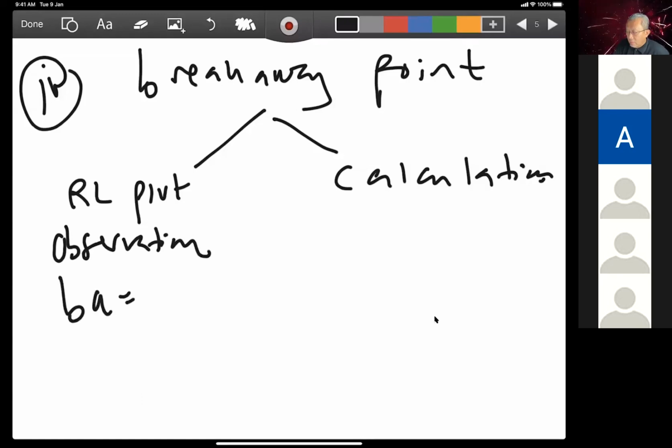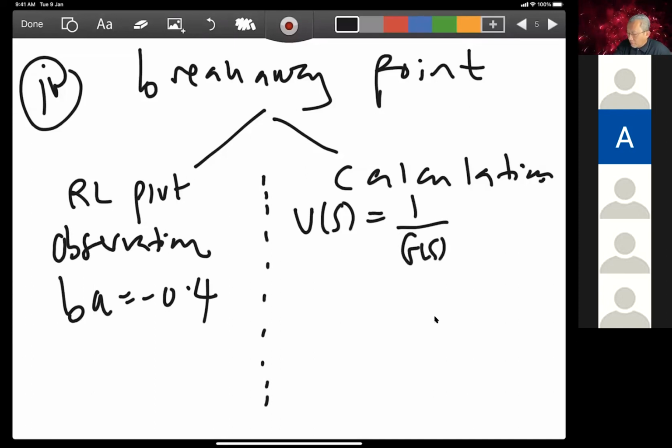Breakaway is minus 0.4. Okay. Calculations for validation. So how are we going to find the breakaway from the calculation method? Differentiate the equation.